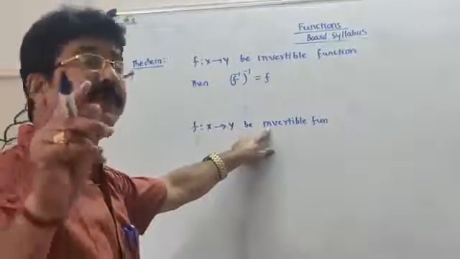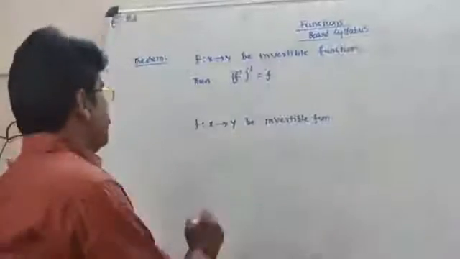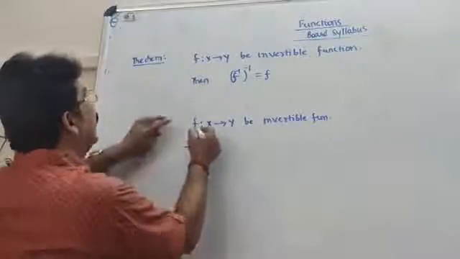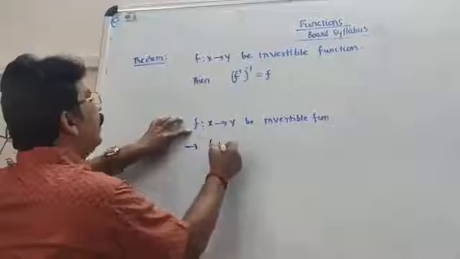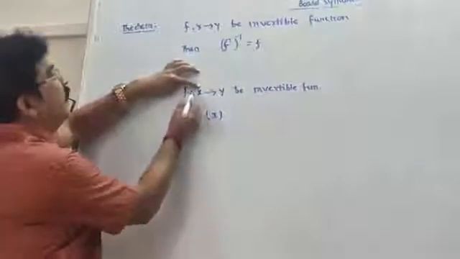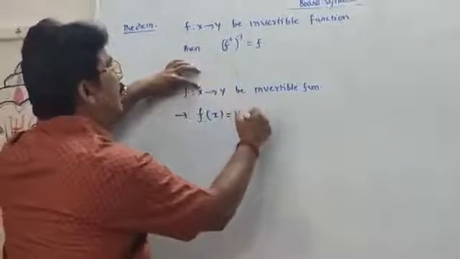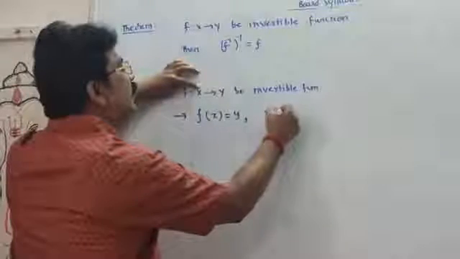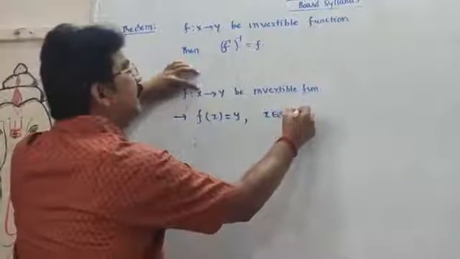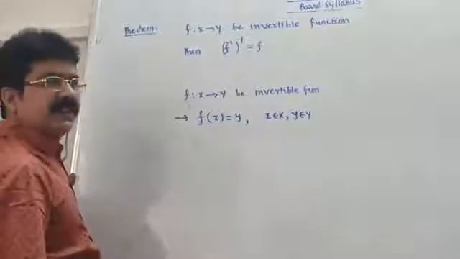Bijective means it is a one-one function and an onto function. Then we can write f of x equals y, where x belongs to capital X and small y belongs to capital Y, according to the definition.